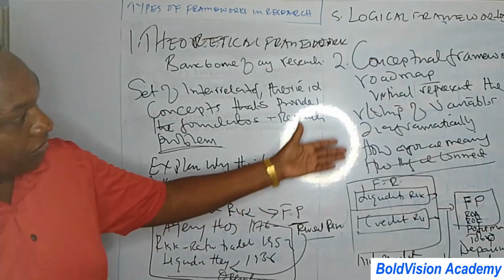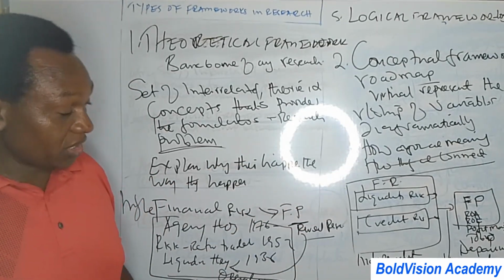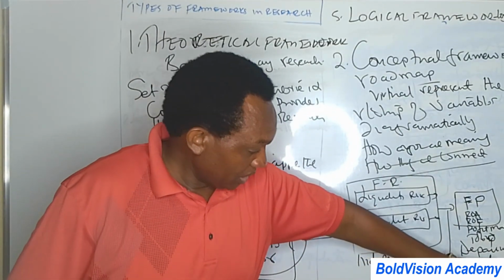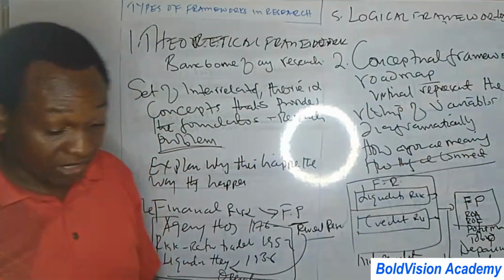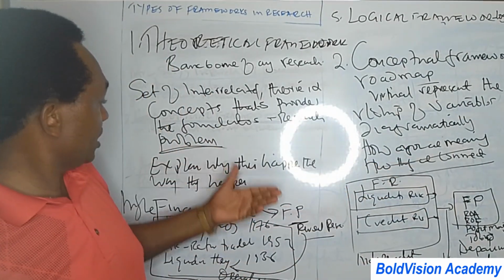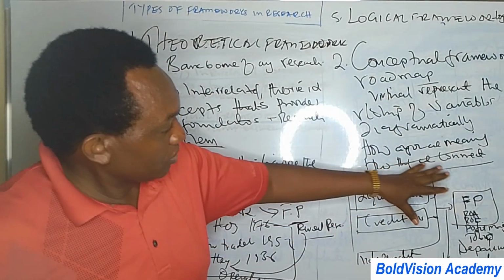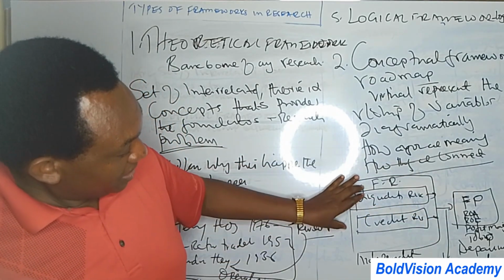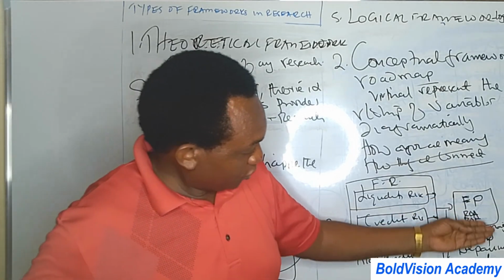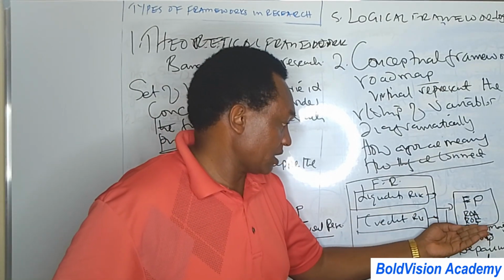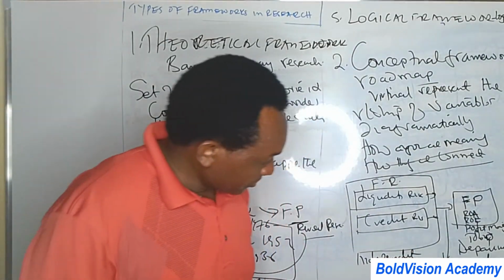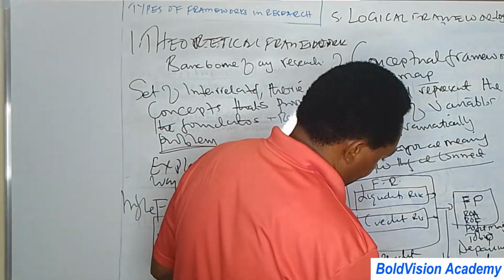The purpose of this conceptual framework is to identify the independent variable, the dependent variable, and the moderating, mediating, or control variable. For example, in the example I've represented here, the relationship between financial risk and financial performance, the liquidity risk and the credit risk are independent variables, and financial performance, which can be measured using return on assets and others, is the dependent variable. And we can have a moderating variable in our case, the firm size.